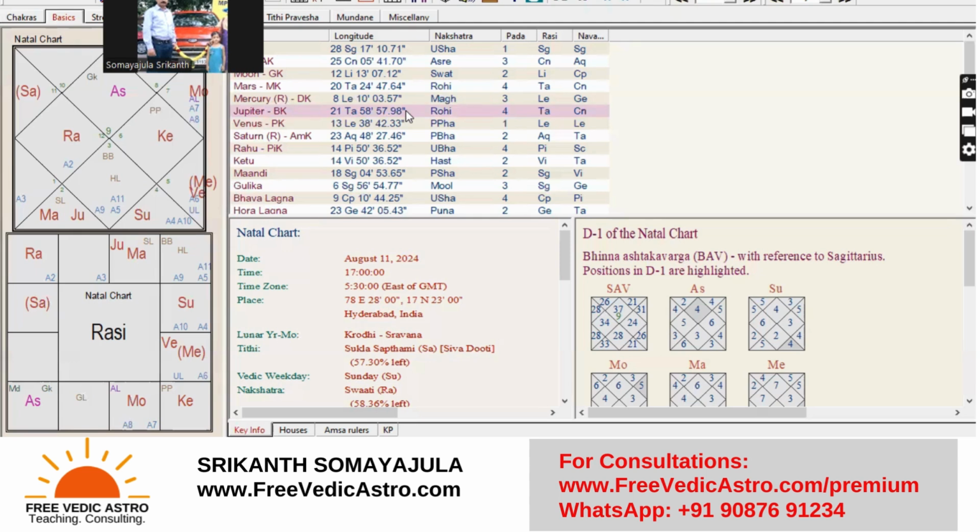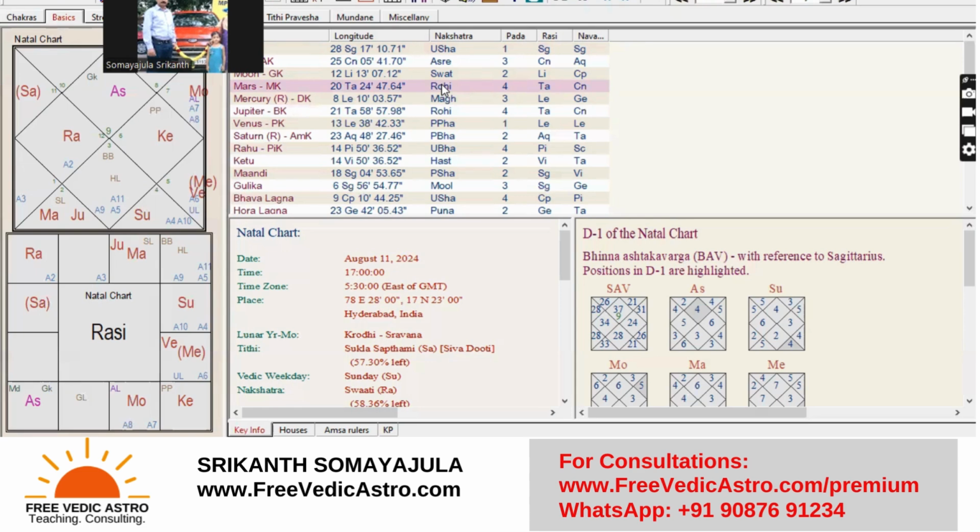So you have Purva Phalguni to about 80%, or maybe 70% you can take Purva Phalguni, and then 20% of Uttarashadha, and 10% of Rohini. This is how usually we get to the theme of it.